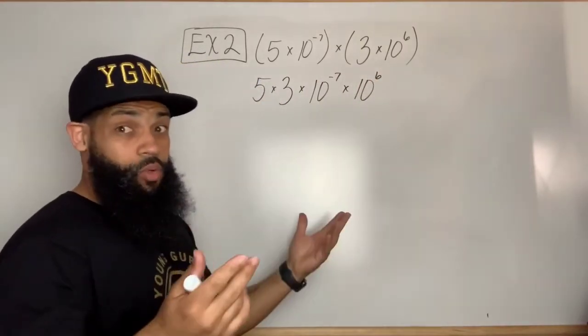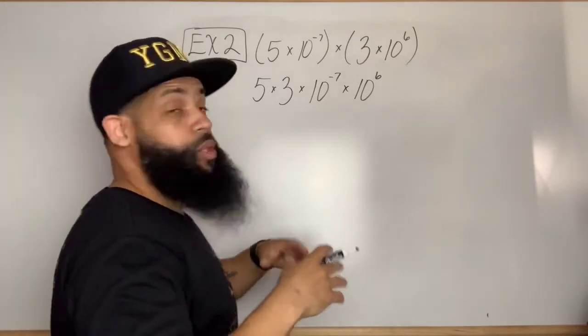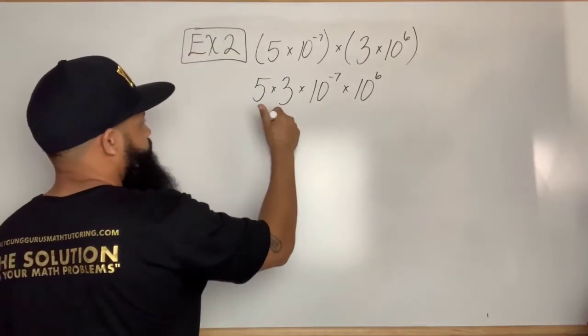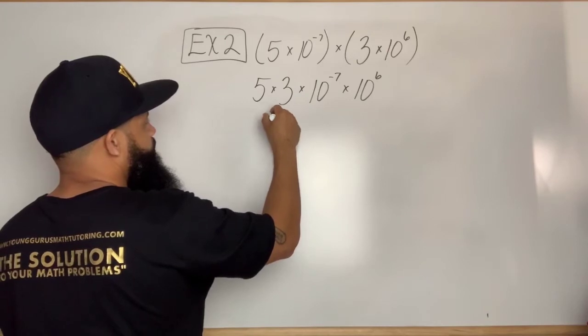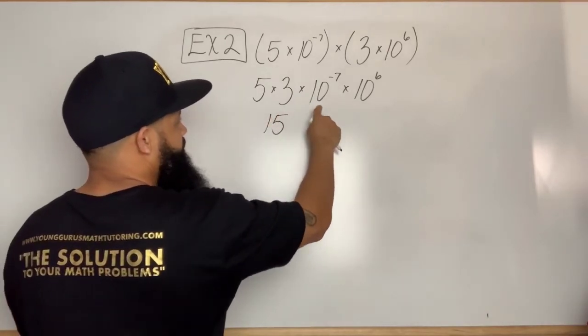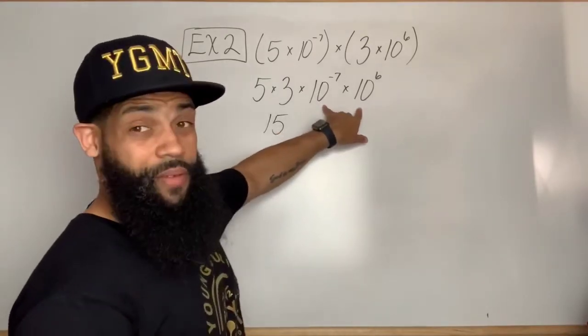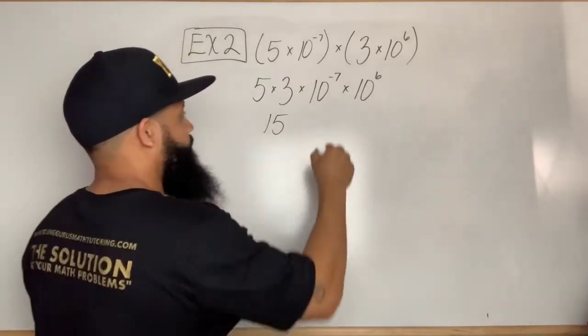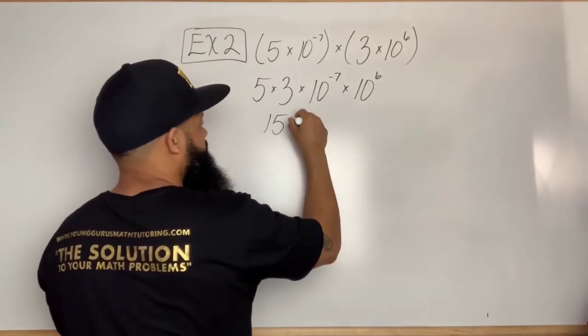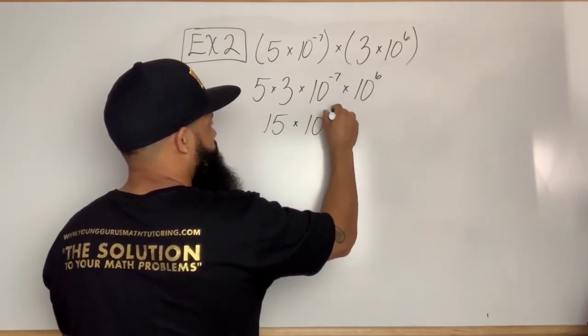Same thing, just different order. So the commutative property. 5 times 3 is 15. 10 to the negative 7 times 10 to the 6. Remember, they have the same base, so we add the exponents. Negative 7 plus 6 is negative 1.